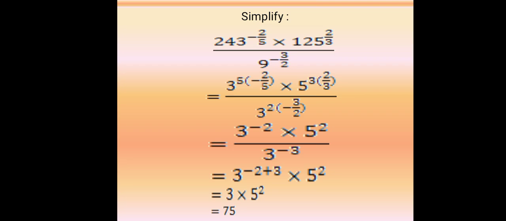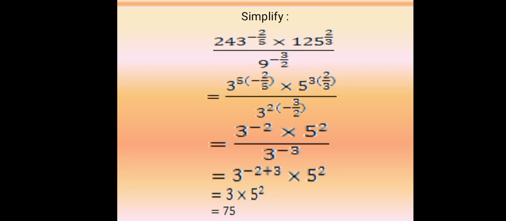Now 5 raised to the power of 3, we multiply it by the other power 2/3, we remain with 5 squared. Now 3 squared, the denominator now, we can multiply it by the other power, negative 3/2, so that we remain with 3 raised to the power of negative 3.